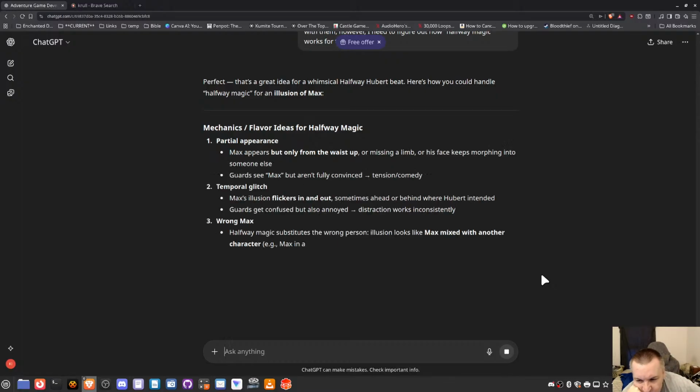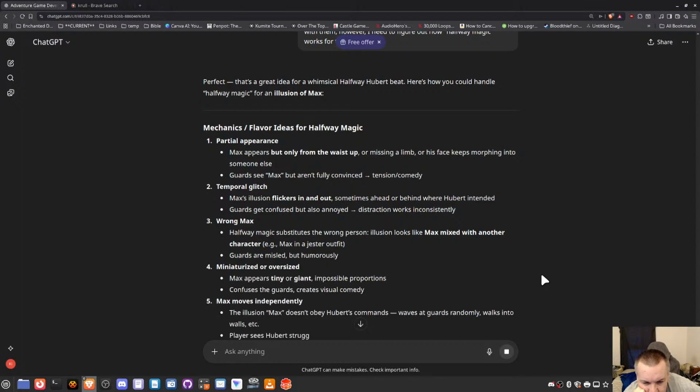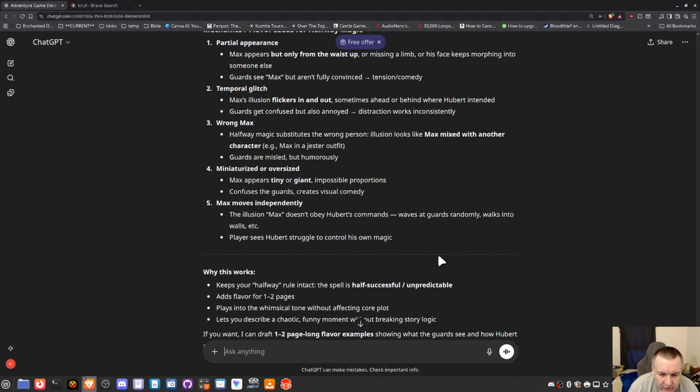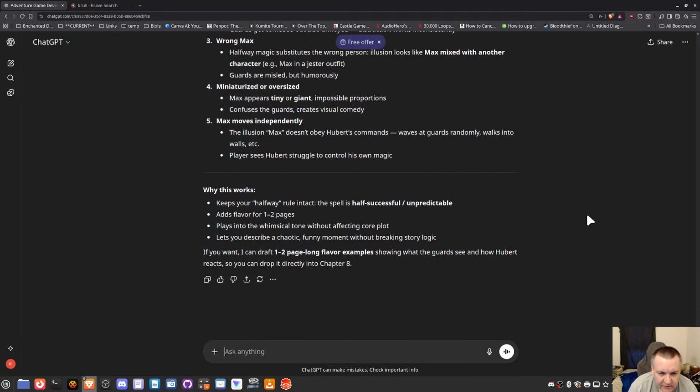I'm missing a limb, or his face keeps morphing into someone else. Tiny or giant. Fuse the guards. Yeah, I guess I could do stuff like that.